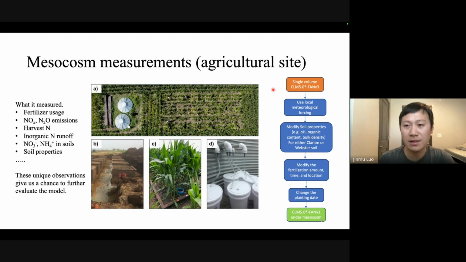I also need to guarantee the single-column model has the same soil properties, like bulk density, as this agricultural site. I also want to change the fertilization amount, time, and location. One of the most sensitive parameters in the model is the planting day, which is very important to the nitrogen dynamics.